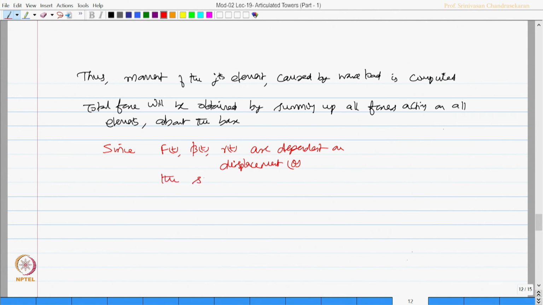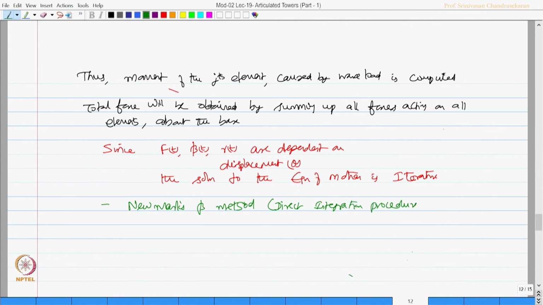the solution to this equation of motion is iterative. We have already discussed the numerical method for solving an iterative solution. We can use Newmark's beta method, which is one of the direct integration procedures, to solve the problem.